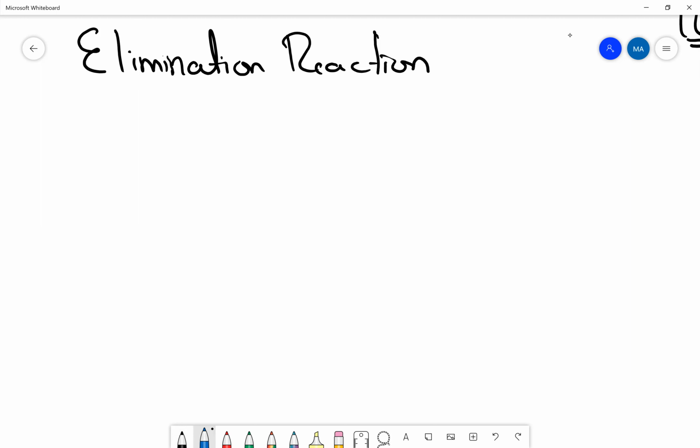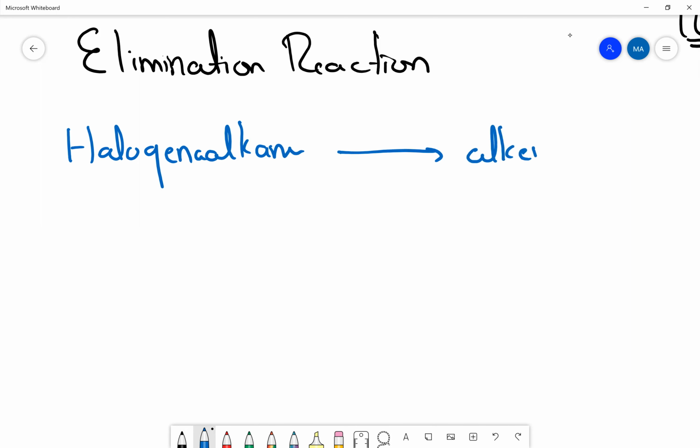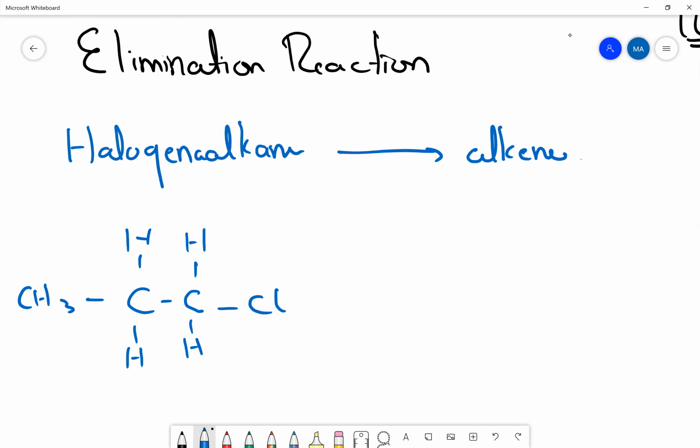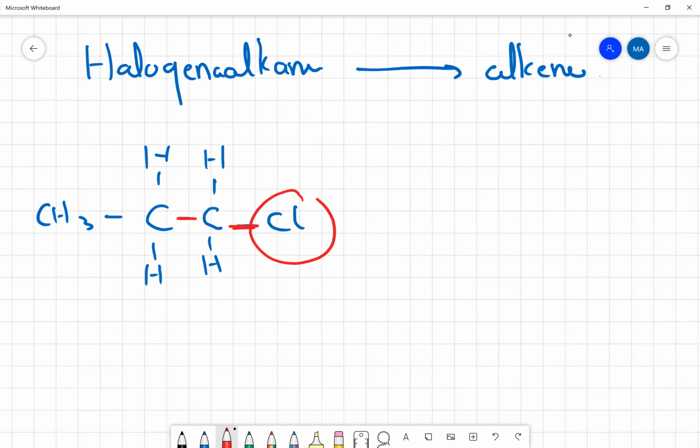Let's just write it down: when a halogenoalkane gets converted into an alkene, that is an elimination reaction. Example, CClH. So for example, if this compound here has one chlorine, let's say you remove this chlorine, so this bond here, let's say this is the first bond and the second one is the second red bond.